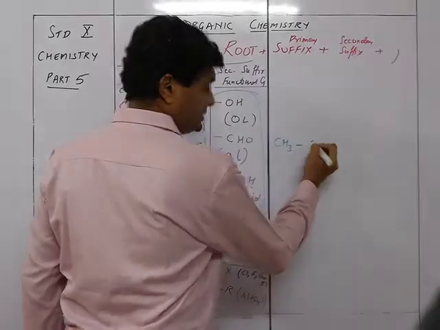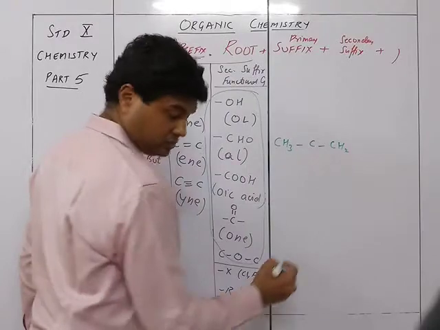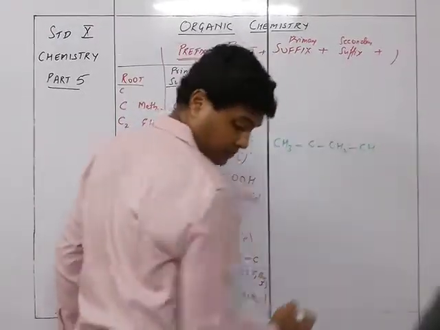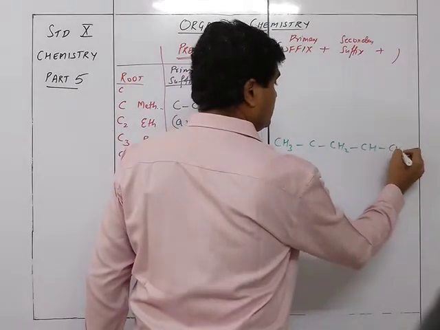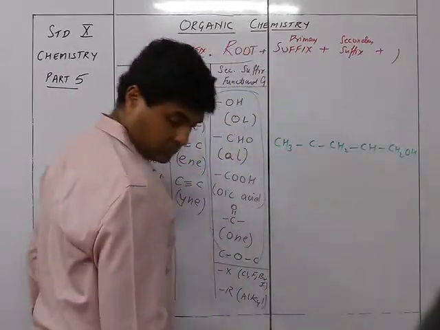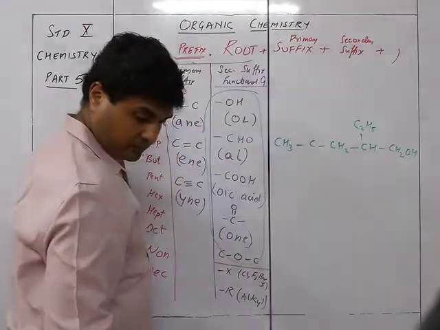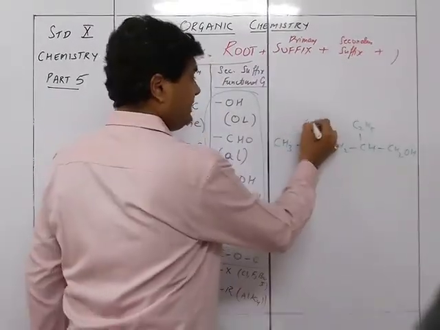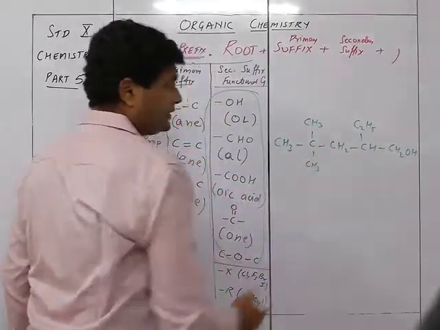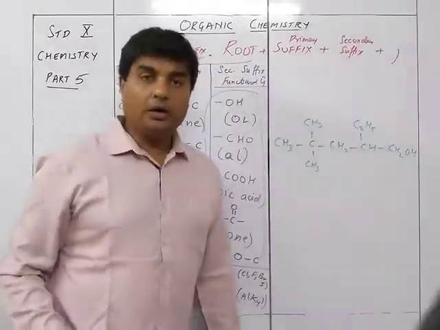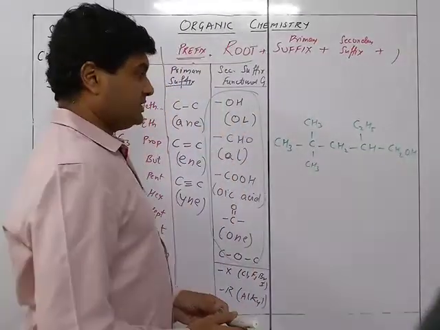CH3, C, CH2, CH, CH2OH, there is a C2H5, this is CH3 and CH3. Now this is a very good example. Let's see this.